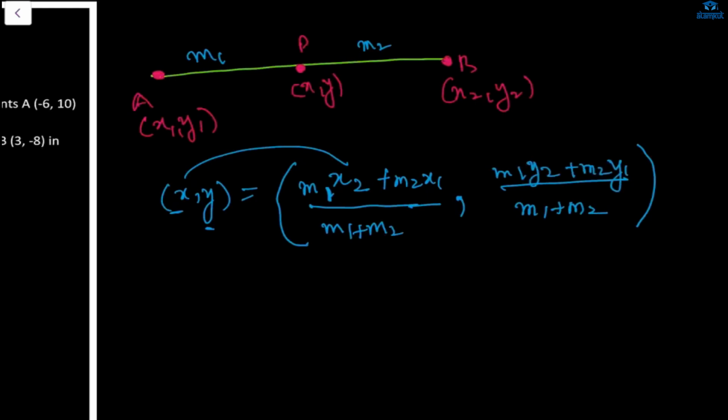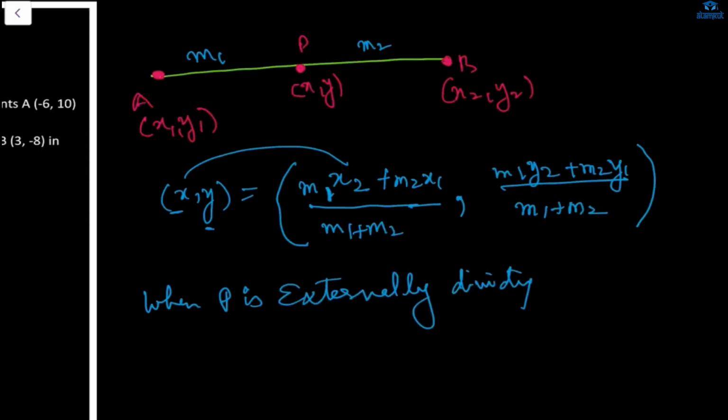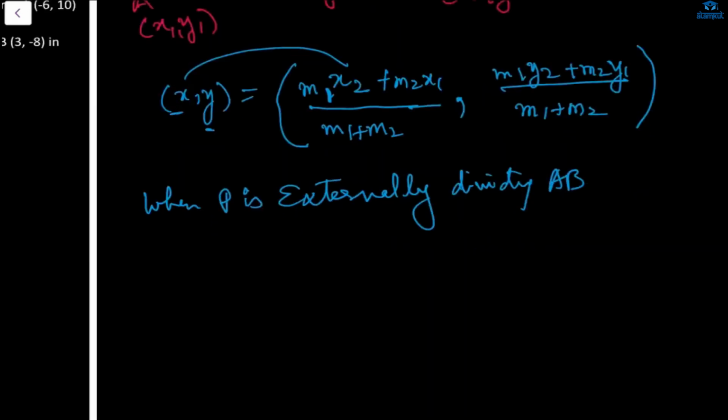Now understood? Similarly, when this P point is external, when P is externally dividing AB, then the formula will be what? Then x comma y will be represented as m1 minus m2. Understood?